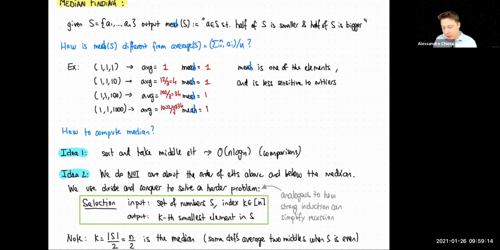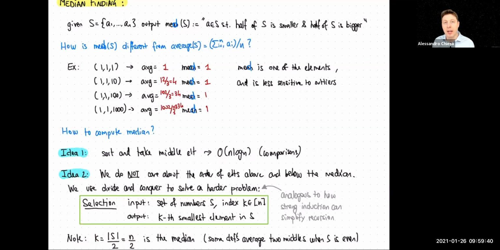Well, this is a lecture about divide and conquer, and we will see a divide and conquer way to do that. In fact, we'll solve a slightly more general problem called selection, where it's not just the median, we're going to find the kth smallest element, okay? And in particular, the median is just when you set k to be n over 2.